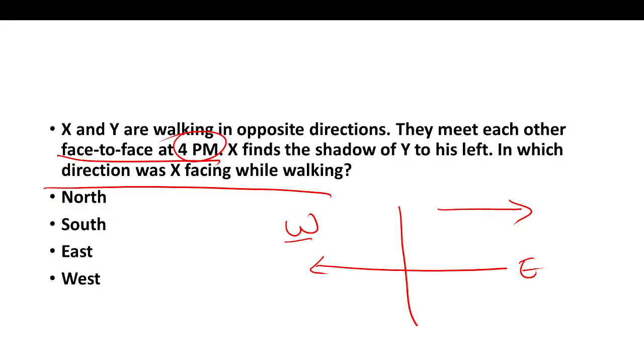Okay. X finds the shadow of Y to his left. In the evening, the shadow will come in the east side only. Suppose X is here, and X's left side is this side.